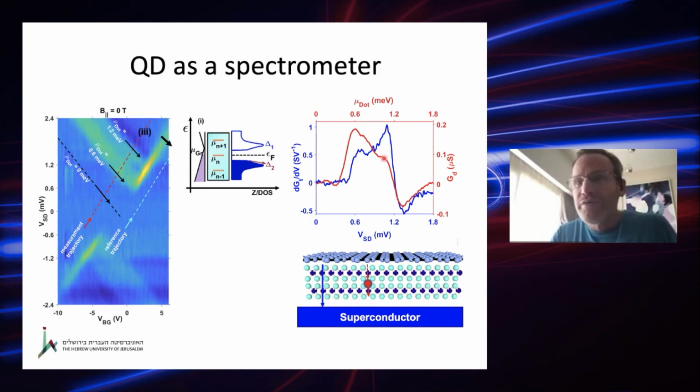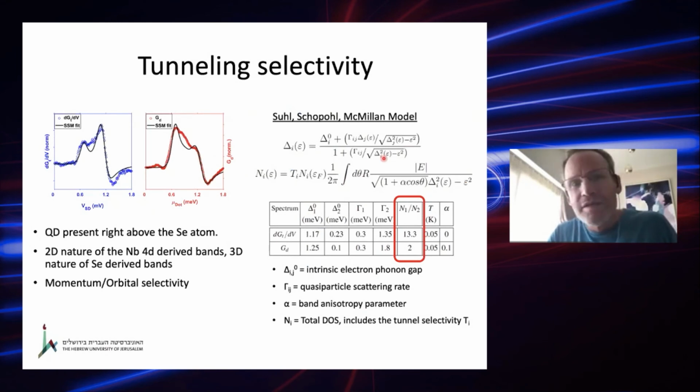So having carried out the full analysis, and the analysis using the McMillan model, which reproduces two-band superconductivity in niobium diselenide, we can argue that we identify the same two bands, but the only difference between the tunneling spectra is the selectivity of tunneling directly or through the dot into the two different bands of niobium diselenide.